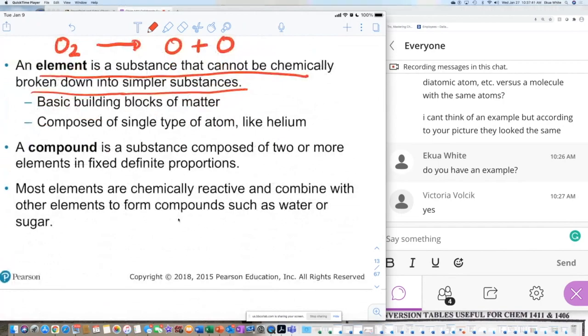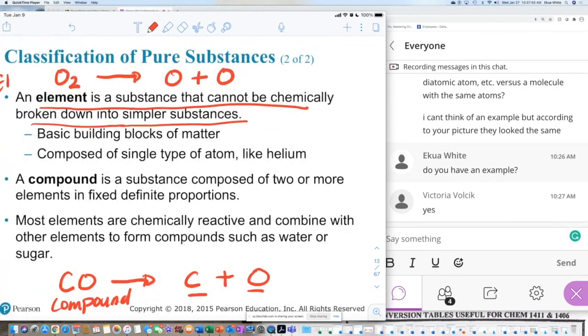On the other hand, with the compound, if you have carbon monoxide and it breaks down, it does produce two different elements. And so this is considered a compound. So compound and then element. Okay? So a compound is a substance composed of two or more elements in fixed definite proportions.